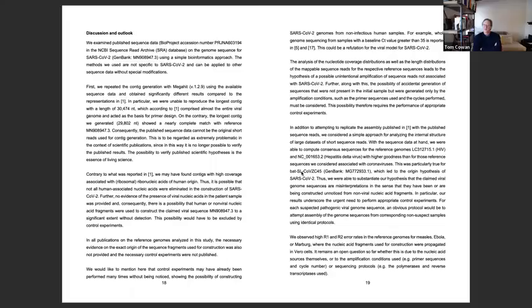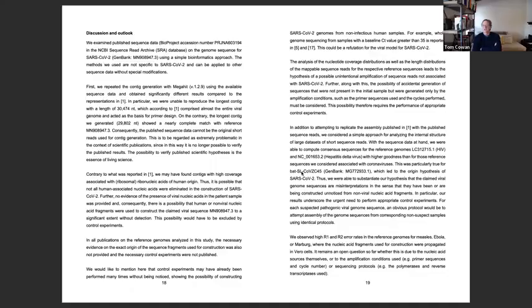Thus, we were able to substantiate our hypothesis that the claimed viral genome sequences are misinterpretations in the sense that they have been or are being constructed unnoticed from non-viral nucleic acid fragments.